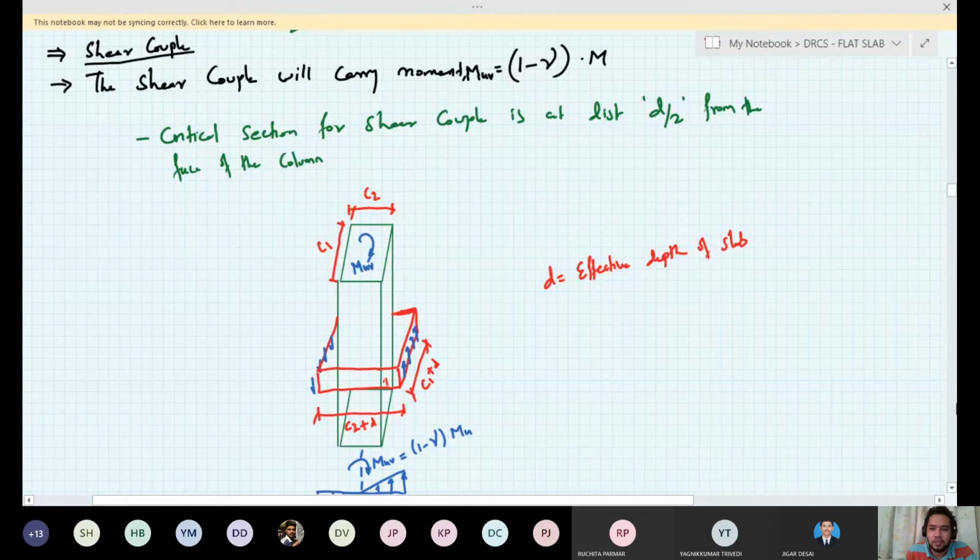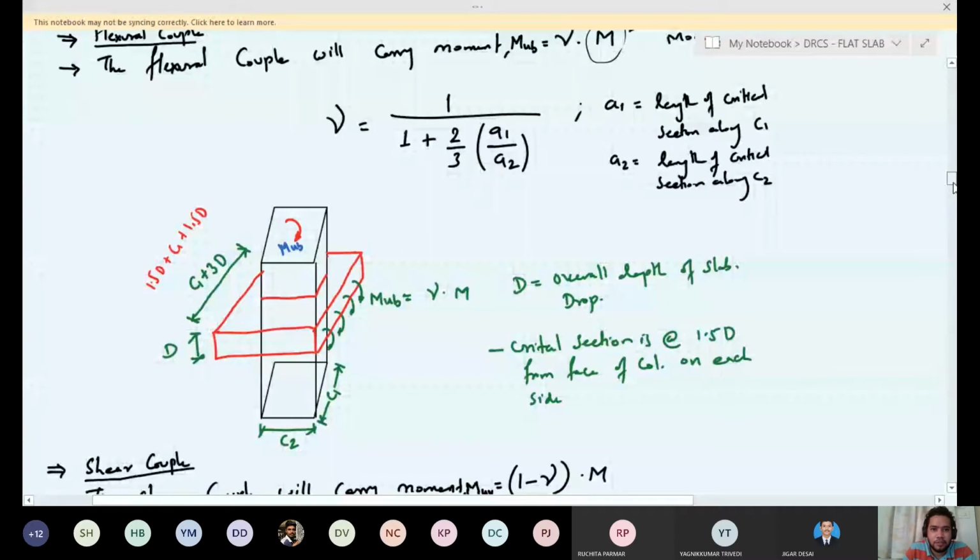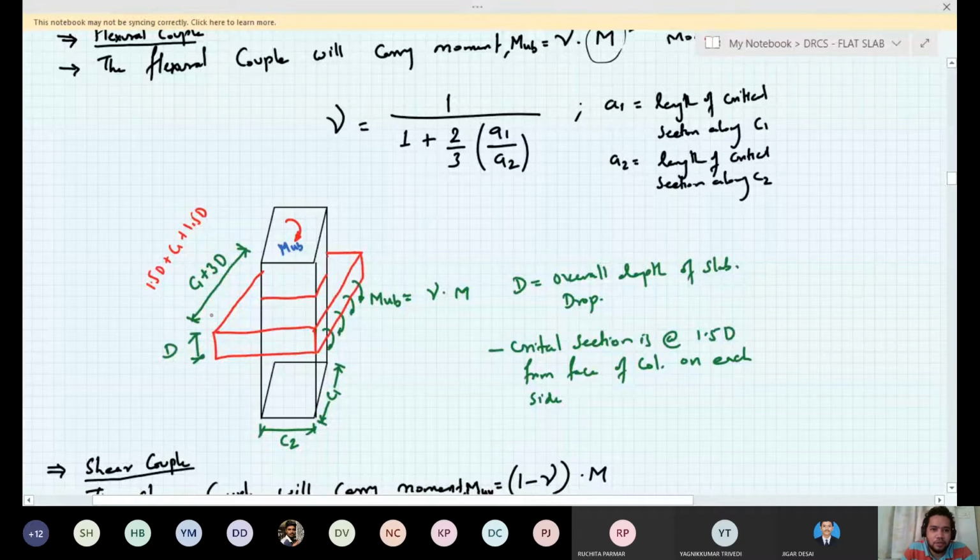But for this flexural couple, it will be the width of the column plus 1.5 times the depth of the slab. So 1.5 D on this side and 1.5 D on this side. Okay, so this will be your this.